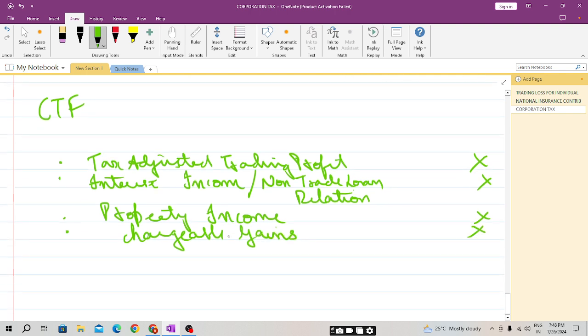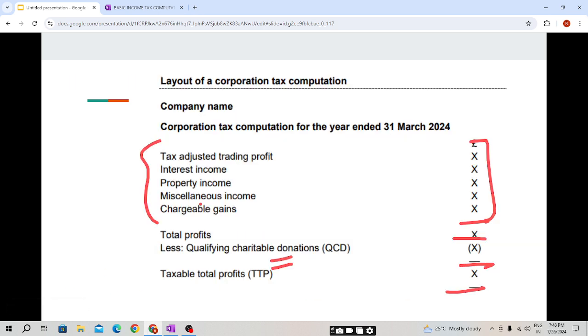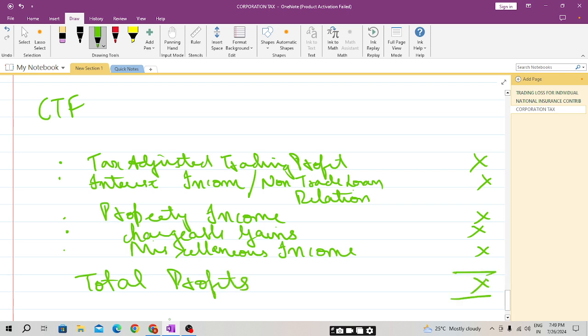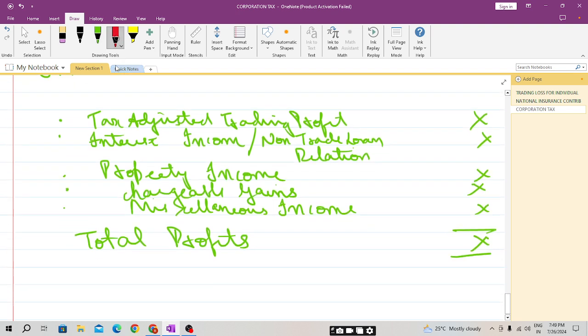Then miscellaneous income, students, please do refer here. Miscellaneous means other types of incomes. So this will be our total profits from all these sources, from worldwide incomes and gains, less the important item here, QCD.